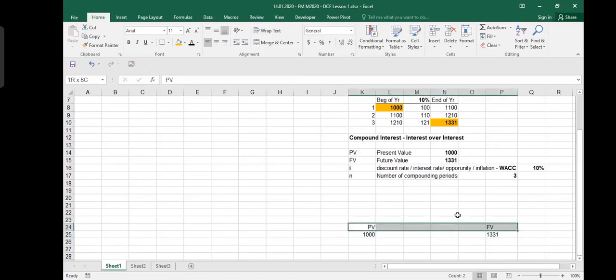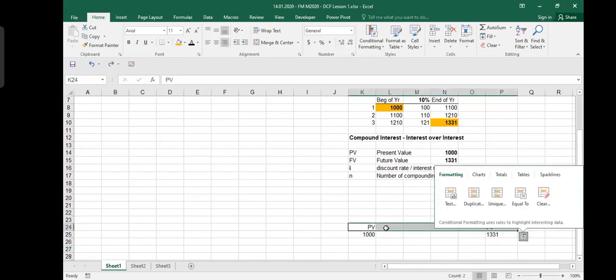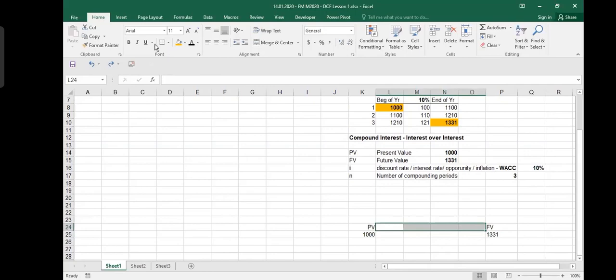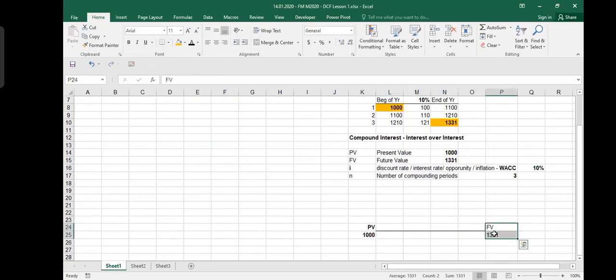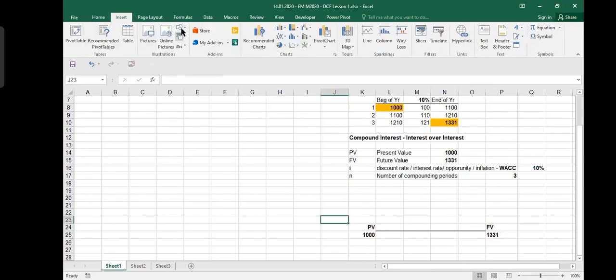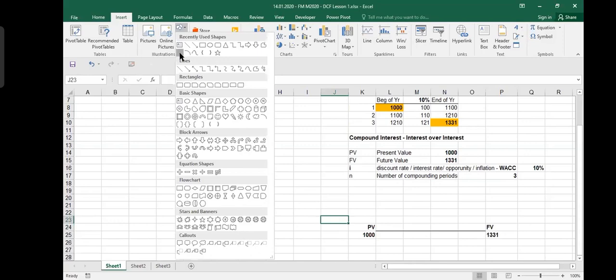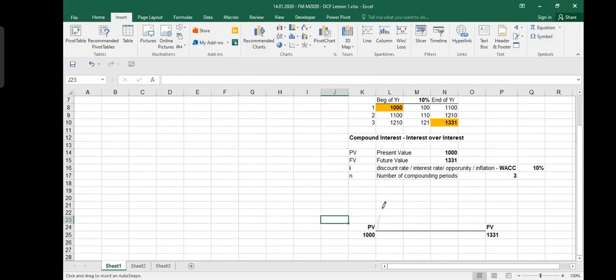What happens is that you have this time frame, and what we actually did, our investment grew, starting from 1000, we moved and made it to 1331.